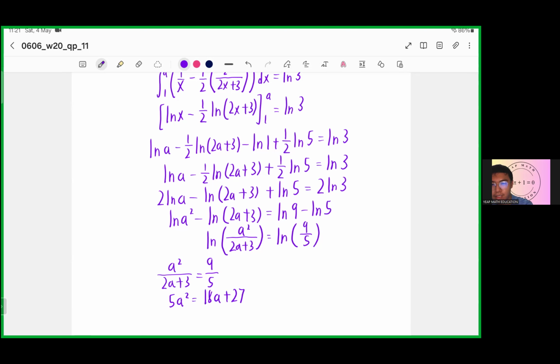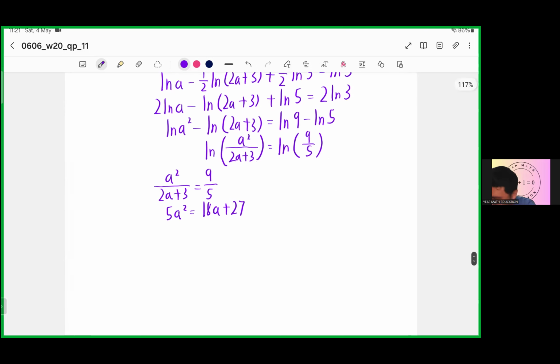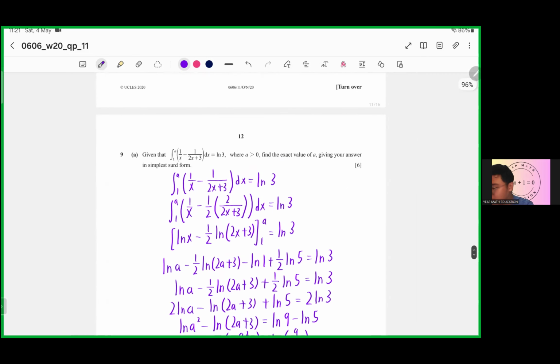Now we look at the next part. 5a squared minus 18a minus 27 equals 0. But it already mentions to give the answer in surd form for a, right? It means a will not be integers, it will be in surd form.